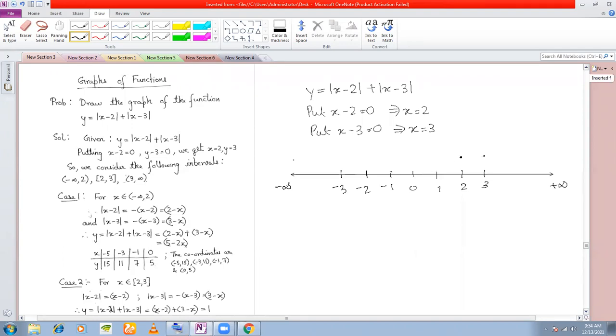So what you do is the intervals in which you will be drawing your graph: from minus infinity till 2, this is your first interval. Then from 2, closed interval from 2 to 3.